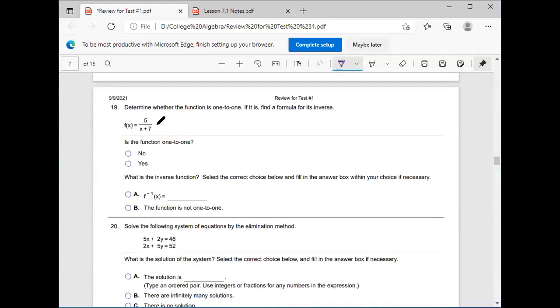Okay, determine whether this function is 1-to-1. If it is, find its inverse. So what could we do here to determine if this function is 1-to-1? We can graph it, right? See if it passes the vertical line test. So we've got 5 over x plus 7.